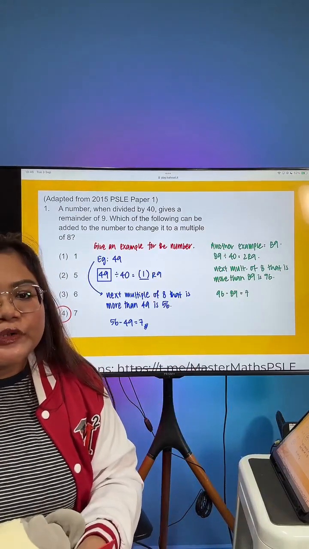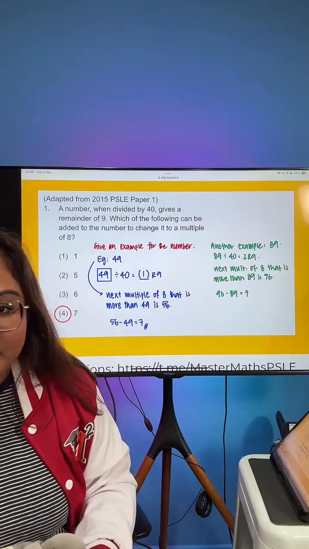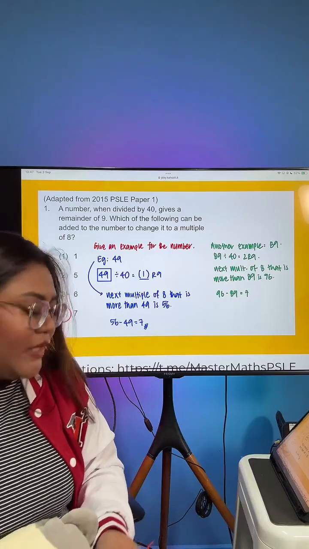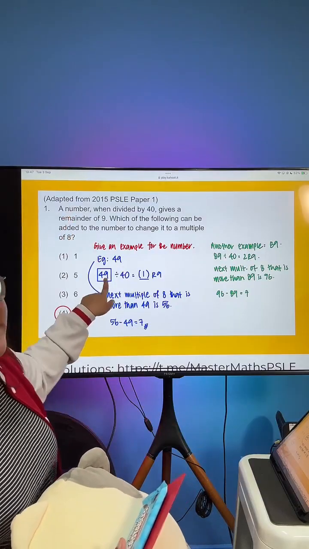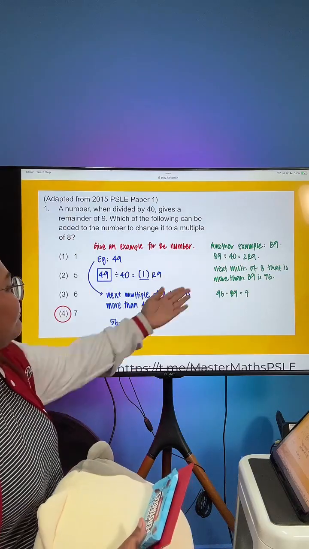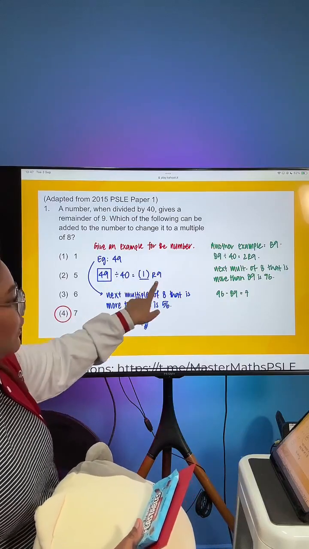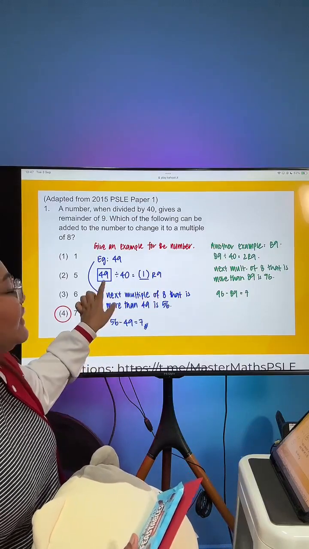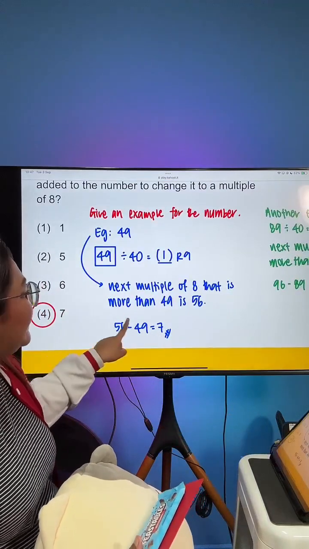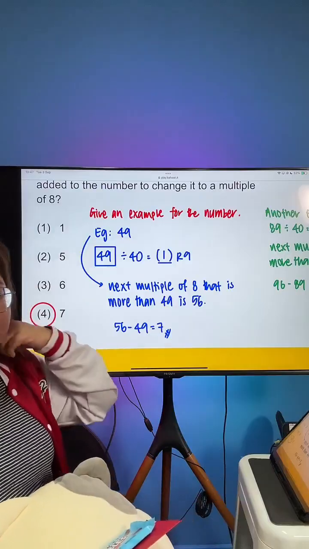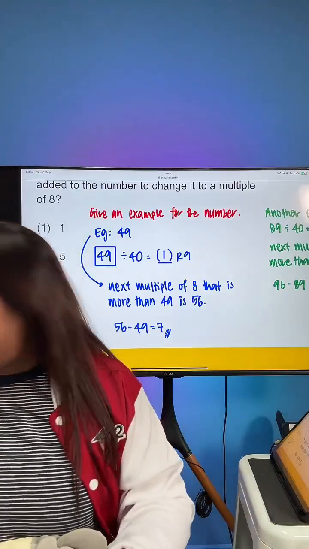So just use examples for this number. An example for the number here that we don't know is 49. If we use 49, it fits the sentence. Divide by 40, we do get a remainder of 9. And if the number is indeed 49, then we only need 7 more to get us to a multiple of 8. Now, if you don't understand, I see so many people don't understand.